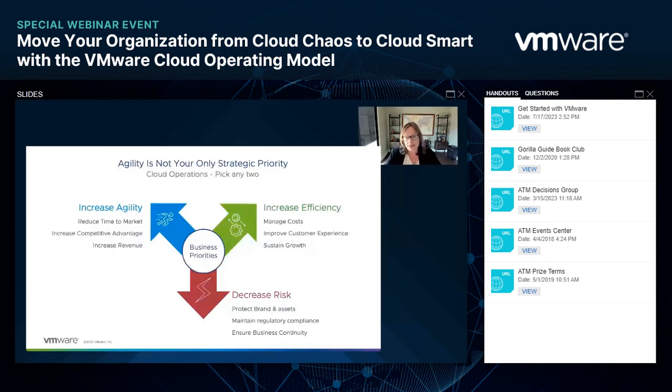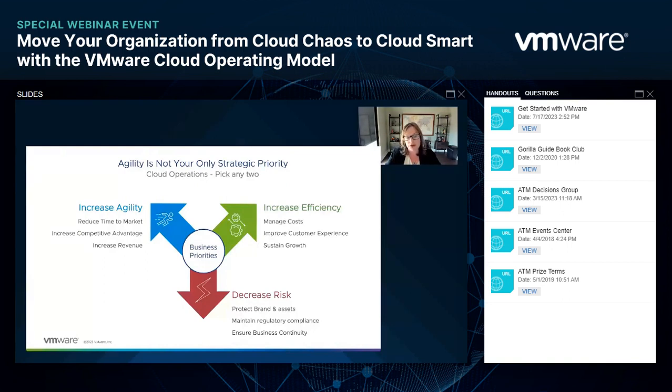The trouble is, as we all know, in IT, agility is not the only strategic priority. So we've had a big push for agility, whether it's through our DevOps movement in the past, or through this rush to cloud during the pandemic, or just through the huge increase in the dependency on mobile applications and technology in general.